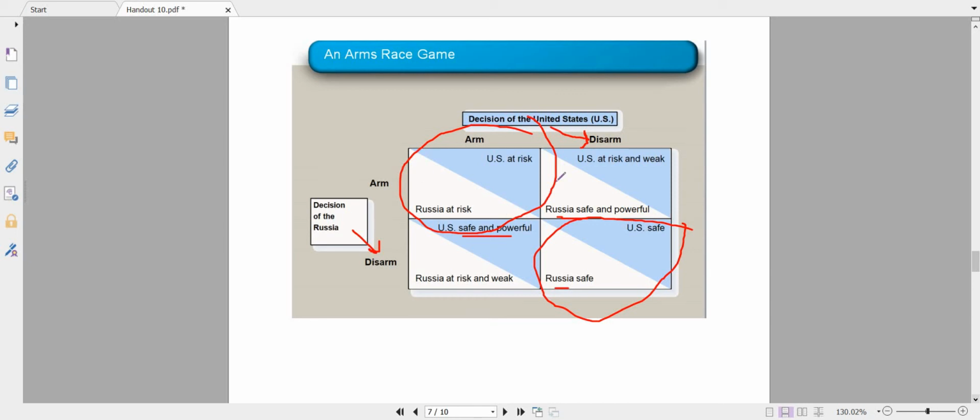As a result, both will be at risk, but nonetheless, this risk is acceptable instead of the fear that if we stay disarmed and the other country arms itself, then what will happen? So, just to be on the safe side, both the countries will end up arming themselves.